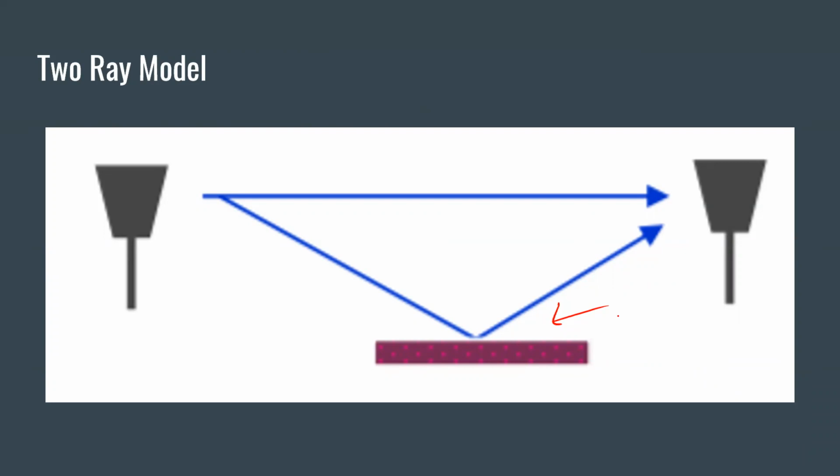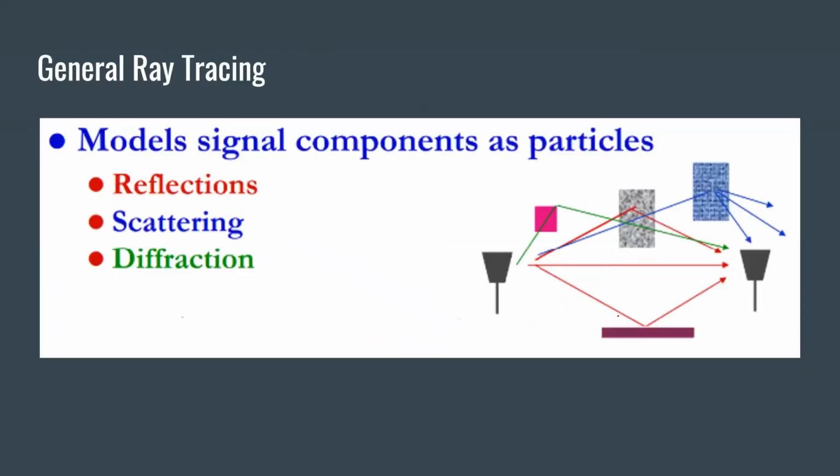The next model is called the general ray tracing model. Although it looks complex, it's actually not very hard to understand, and it can resemble how signals around us are propagated. Here there are several colored lines that have been described.